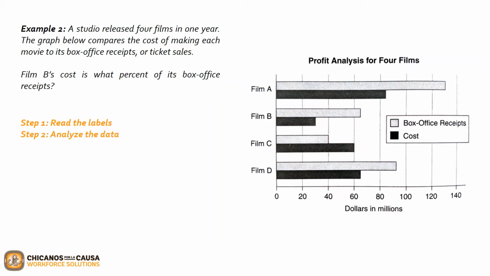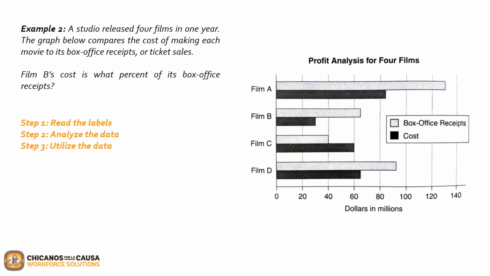In this case, the double bar graph really works because the scale is the same. So regardless of the fact that we are looking at both box office receipts and cost, those are both measured in dollars in millions. Therefore, we can list them together in one single bar graph.